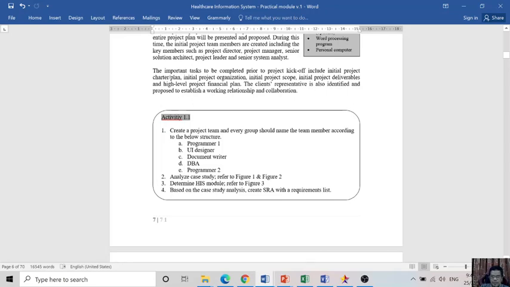Refer to figure 3, where I already provide a very short description of the modules that we can extract from the case study. Then, based on the case study analysis, create the SRS with a requirement analysis.